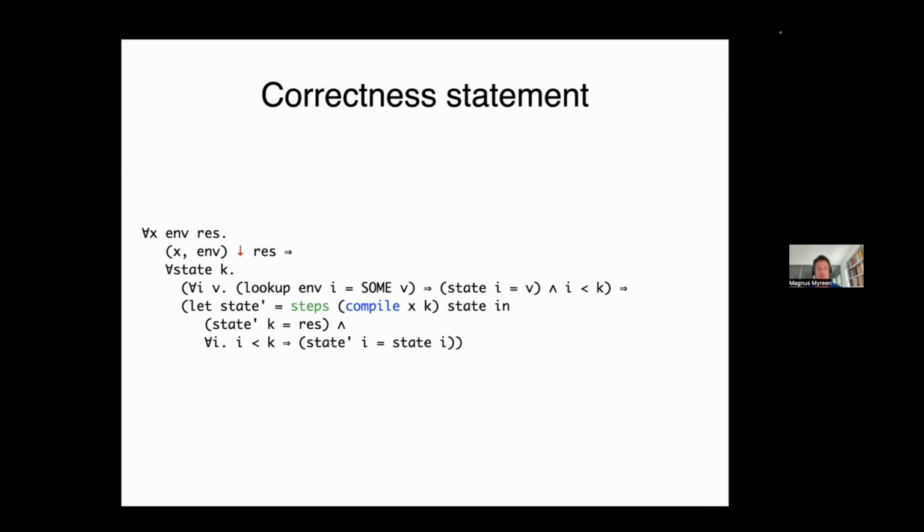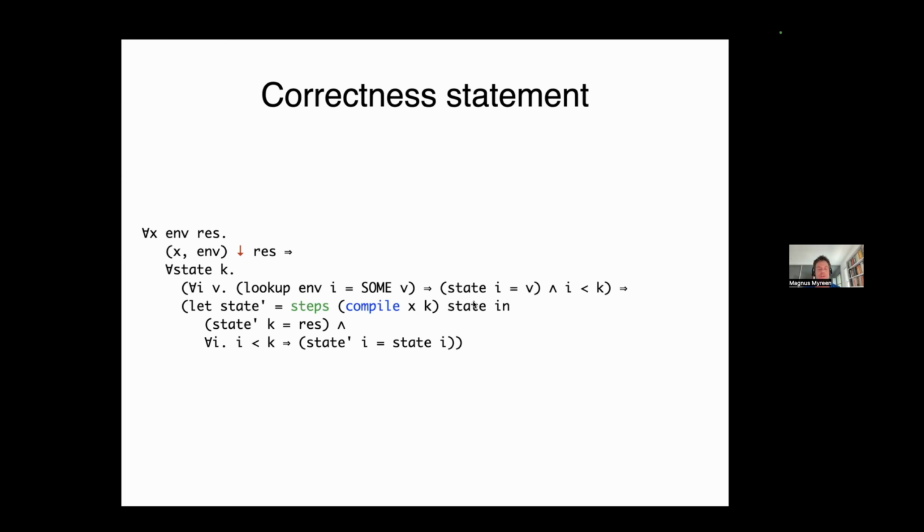So here's the correctness statement. We will prove it, but I thought I'll show it in HOL in a moment, but I wanted to just show it here first because it's a little bit easier to point and explain. So first of all, we say for any expression, any environment, any result, for which the source semantics can produce it. So whatever is accepted by the source semantics, we will know the following. We will know that from any state and any k, and what are these states?